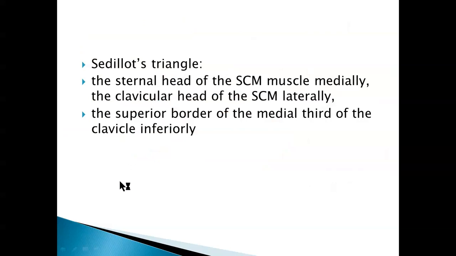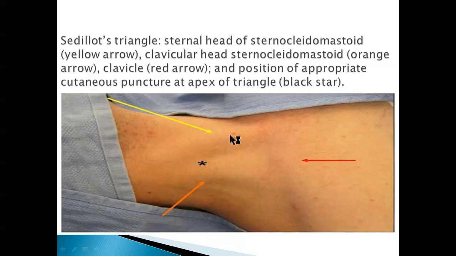Sedillot's triangle, for exam purposes, we must know, would be formed by the sternocleidomastoid and the clavicle inferiorly. Here is your sternal head of the sternocleidomastoid, then here would be your clavicular head, and the inferior border would be your clavicle.